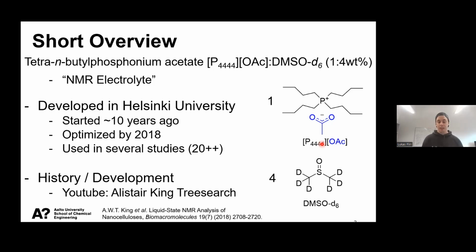You can find the reference on the bottom. And since 2018, Alistair presented it a lot in different scientific conferences.